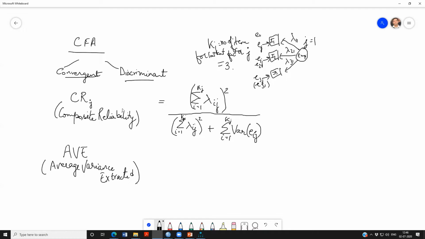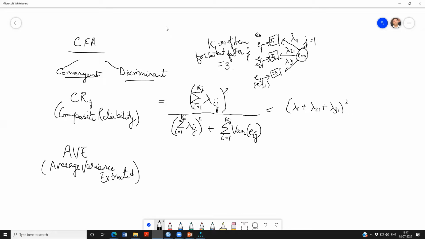So what will be the composite reliability formula for latent construct 1? It will be summation lambda ij for i varying 1 to 3. So it will be lambda 11 plus lambda 21 plus lambda 31, whole square. Sum of the loadings whole square.